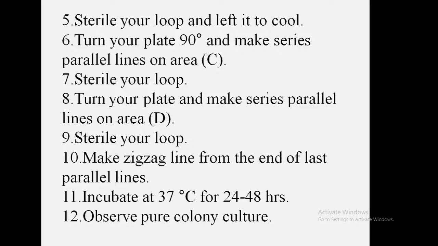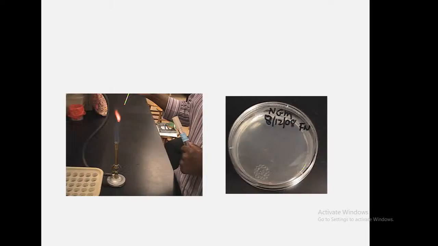Incubate at 30 degrees Celsius for 24 to 48 hours. Last, observe the pure colony cultures. See which type is used for streak plate. This image shows a Petri plate, and there are two Petri plates, one with its cap.